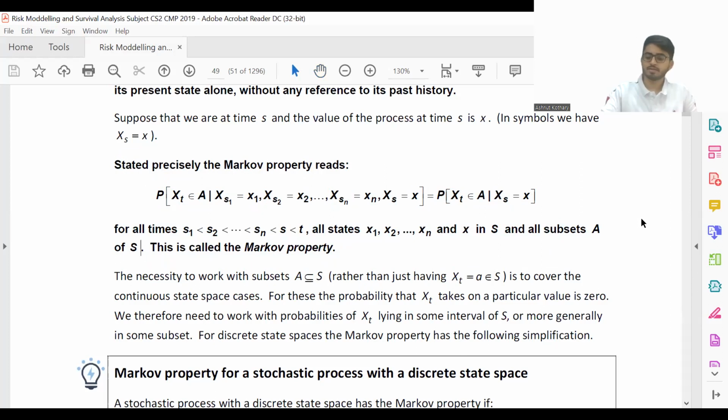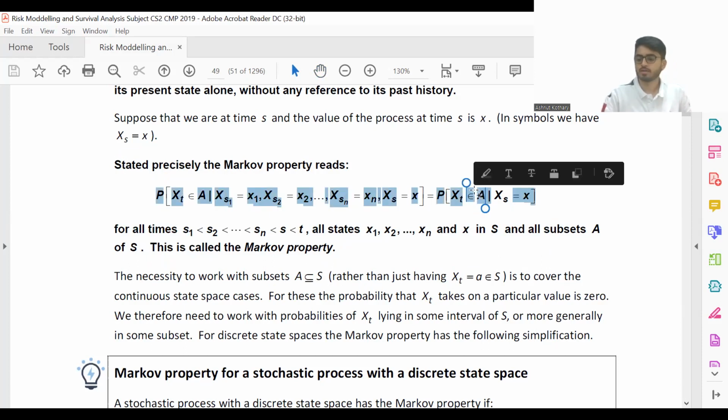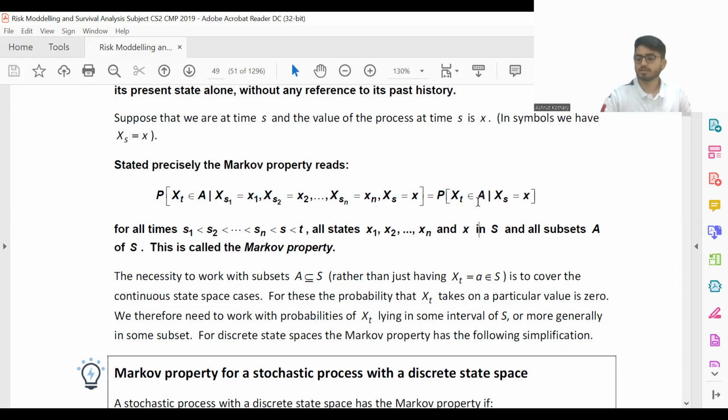Just replace one thing: instead of writing xt belongs to the set capital A, just write it as xt equal to a, small a, over here, and here as well make that adjustment. This particular part, just write xt equal to a only, small a. Rest all remains the same.